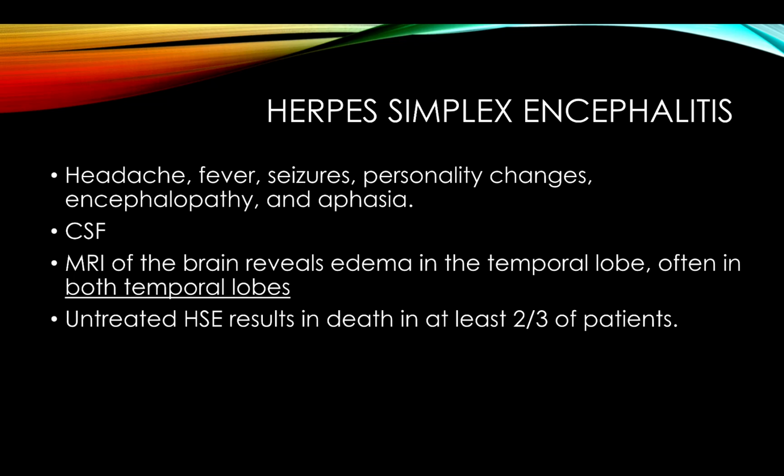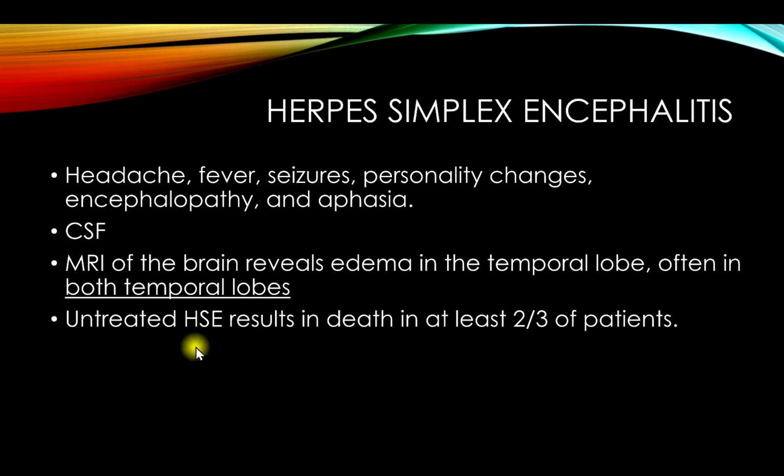So typically this patient's going to get a brain scan initially, and an MRI would have a much better sensitivity of detecting this swelling, which again is usually involving the temporal lobe, often both temporal lobes. So that's really a key if you see that on a brain scan. Okay, we'll talk about what we find in cerebrospinal fluid in just a minute.